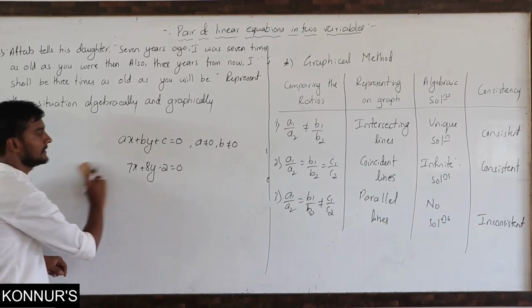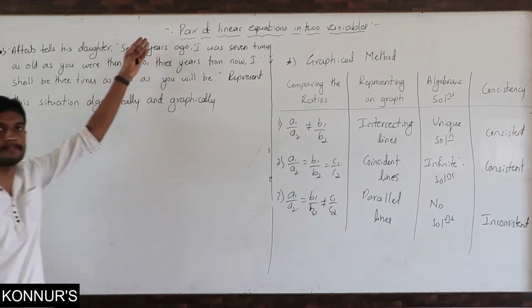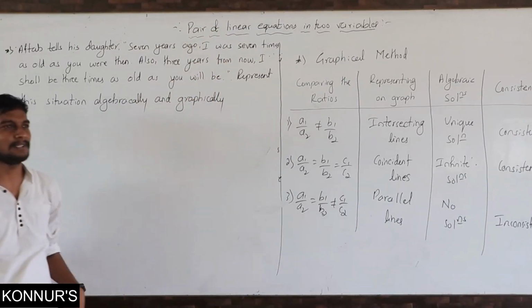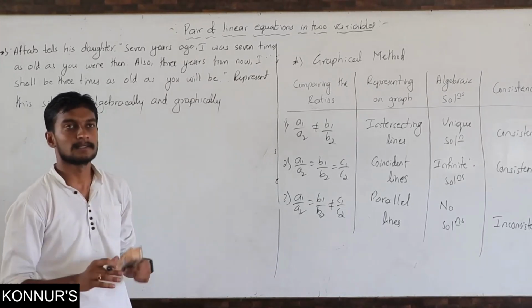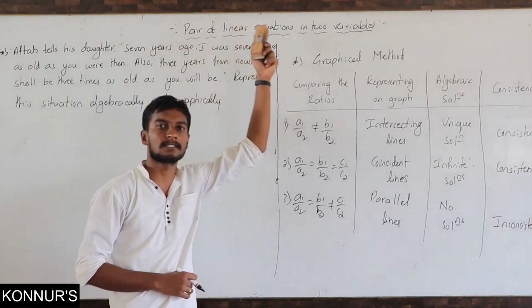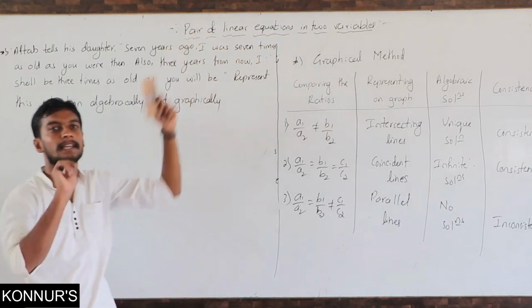Next we discuss the topic, that is pair of linear equations in two variables. Already we know linear equations, and also linear equations in two variables. Now we study a pair of linear equations in two variables. Pair means there must be two linear equations.